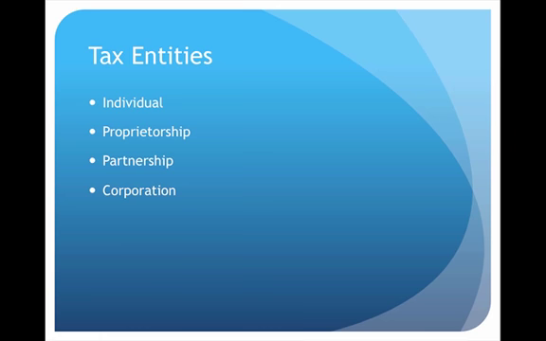And as you know, a corporation is a separate legal entity. So that means there is a separation between the identity of the individual and the identity of the business. And that is why in a corporation you have that double taxation. You have the taxation of both the individual as well as the company itself.